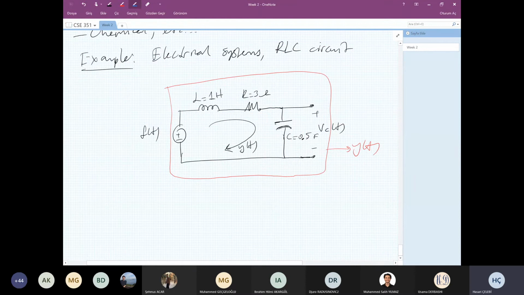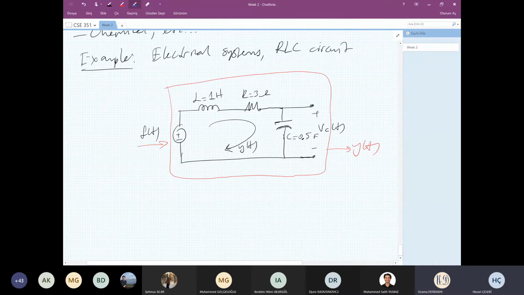Input is a voltage, output is the current y of t. Yes? Any question? Yeah, sure, I can see it now.